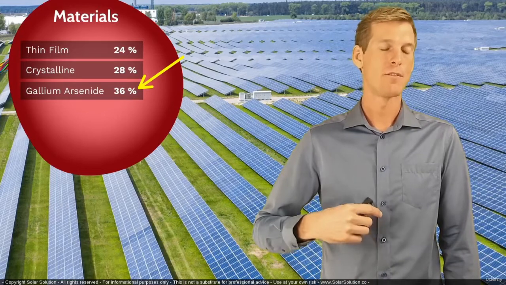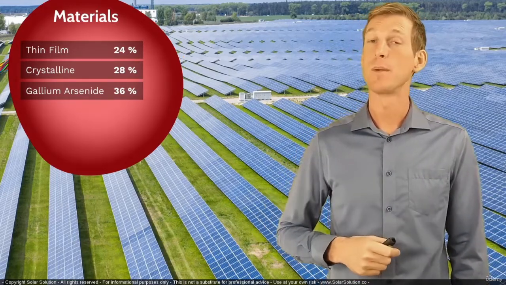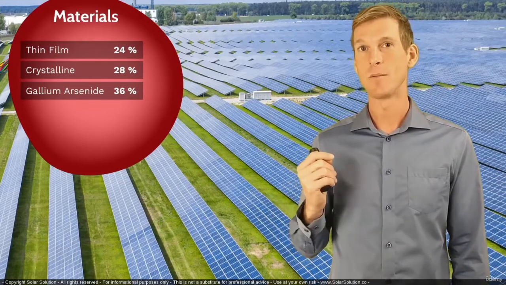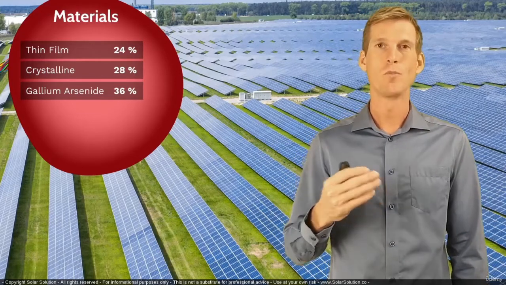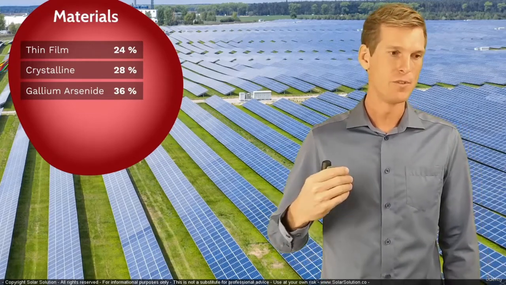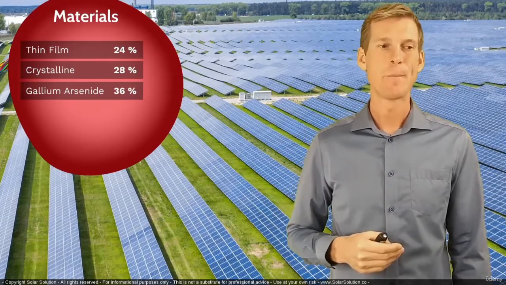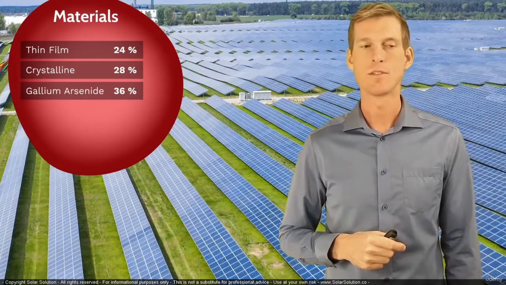So if you have an absolutely limited amount of space and you don't care how much you're paying for your solar cells and solar panels, then you might want to consider gallium arsenide, for example, for special solar race projects, or for really specific conditions where you say, I want the maximum amount of yield for a very small surface.